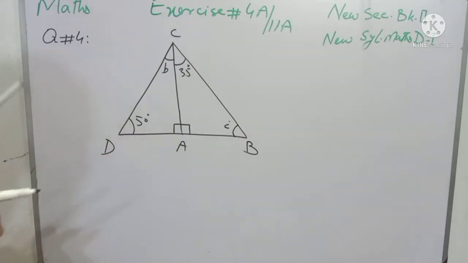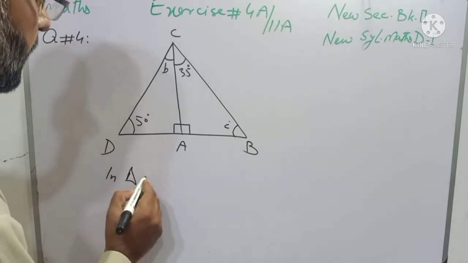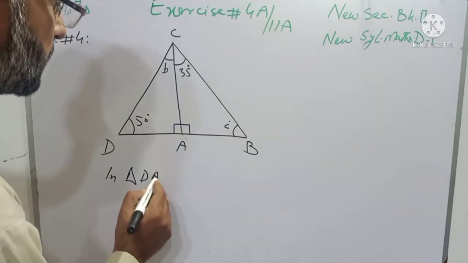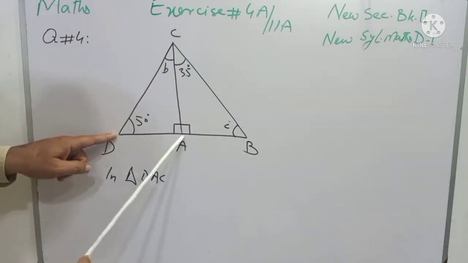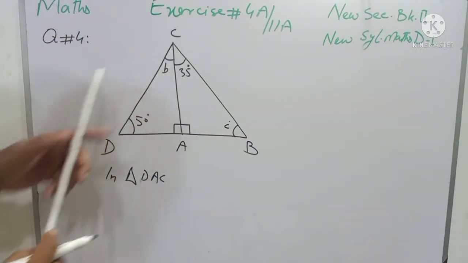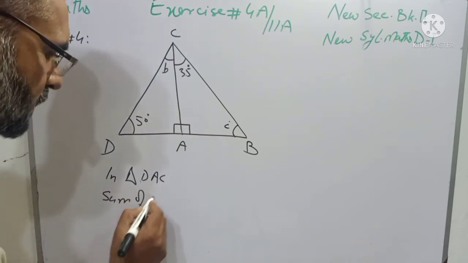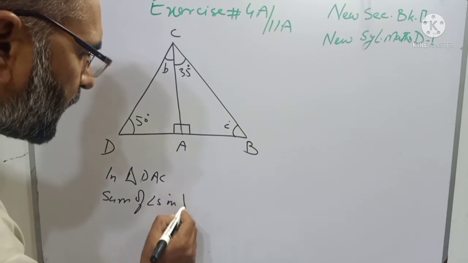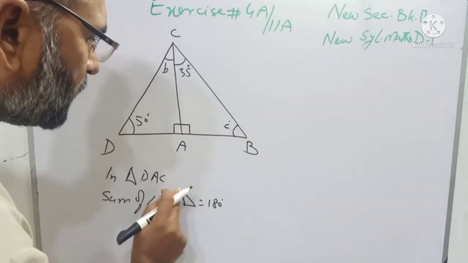So students, it is written as in triangle DAC. I mean to say we are discussing triangle DAC, this triangle, and apply the formula sum of angles in a triangle is equal to 180 degrees.